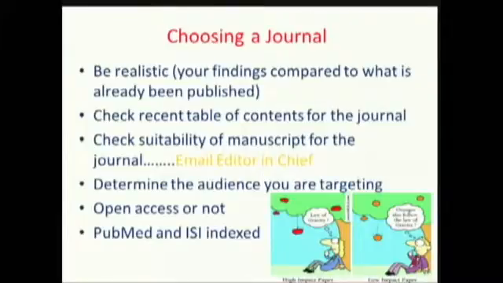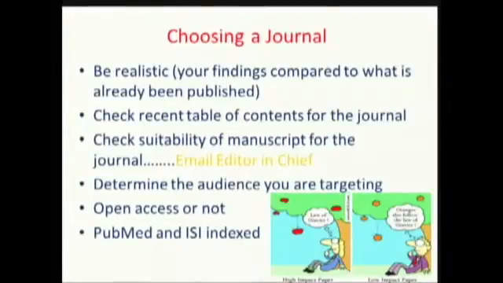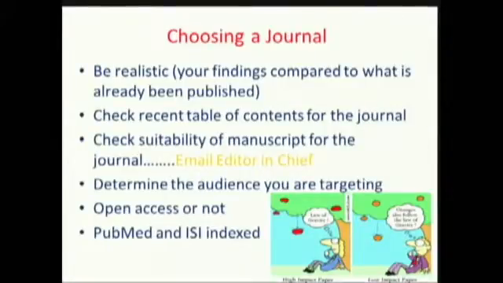The best thing to do is to pick 5 journals which you think your article will fit into the scope of. Again, if you're not sure, the best thing is to write an email to the editor-in-chief and say, please, this is the abstract of my study, can you tell me if this fits into the scope of your journal?